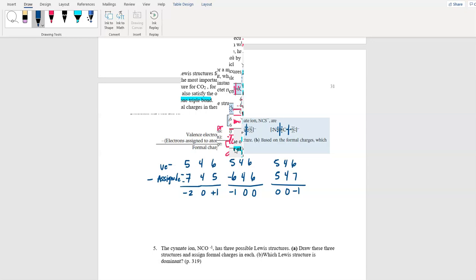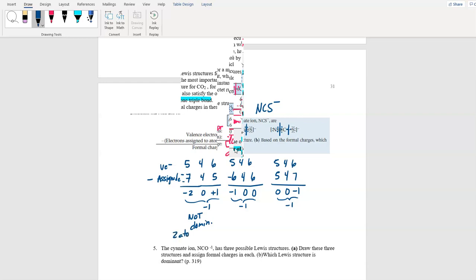Remember, if this formula is NCS -1, look at all these formal charges. All of this equals -1, equals -1. All of this equals -1, even though it's not even close to being the dominant structure, okay? Because you have 2 atoms with formal charges, not 0.